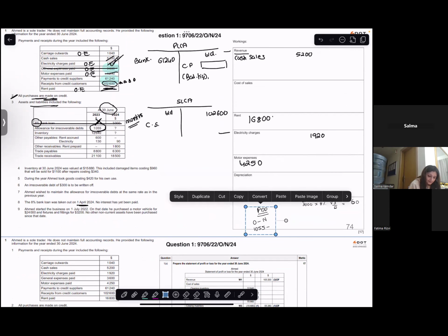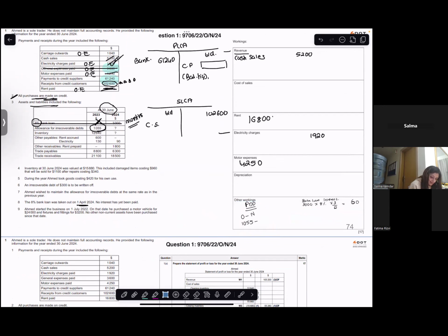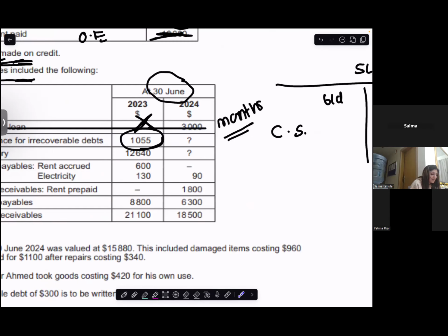I'm asking you to check inventory, rent, trade payable, trade receivables, inventory, goods for own use, bad debts. You can see there is bad debts of how much? 300. You see, for this allowance, they have said this is a question mark. That means they want us to find the new allowance.